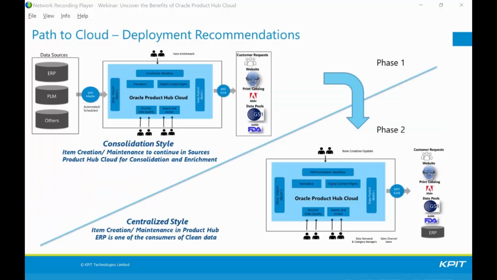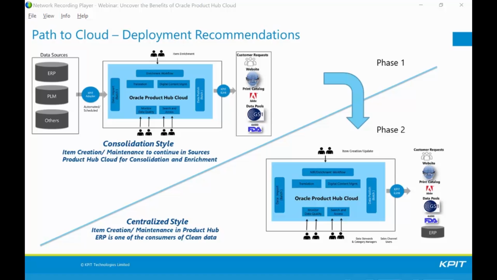Finally, I just want to quickly touch base on our recommendation for deployment. We always recommend a phased approach for customers implementing Product Hub Cloud. We recommend starting with the consolidation style of MDM, where item creation and maintenance continue to happen in the source. You bring them into the hub as a single source of truth, consolidate and enrich it, make it fit for purpose, and use it for distributing to your downstream systems like Adobe, GS1 data pools, UDI, and your websites.